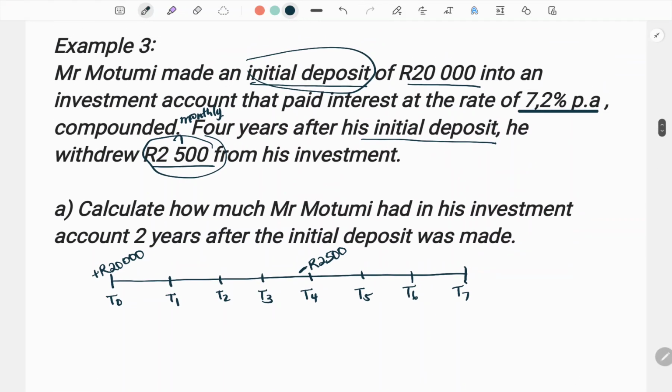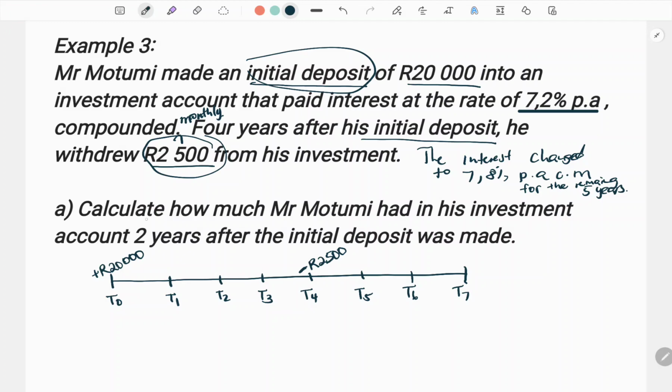It was supposed to say the interest changed to 7.8% per annum, compounded monthly, for the rest of the period, for the remaining 5 years. Okay.